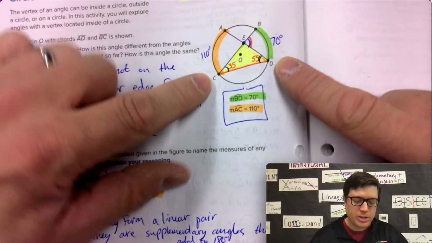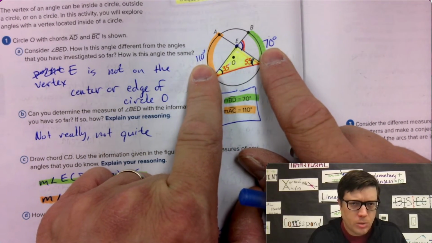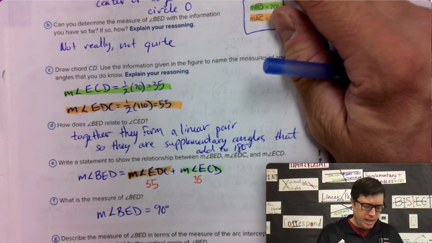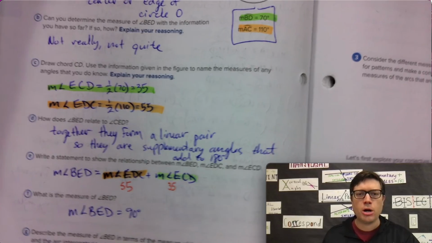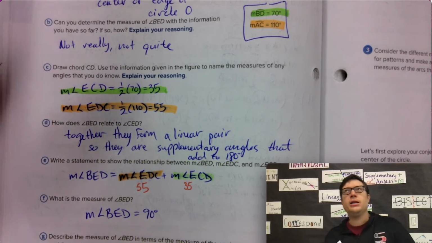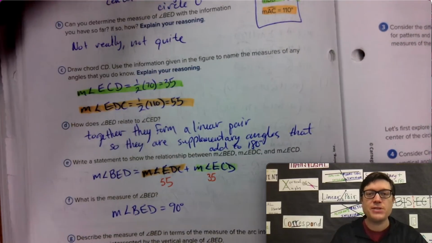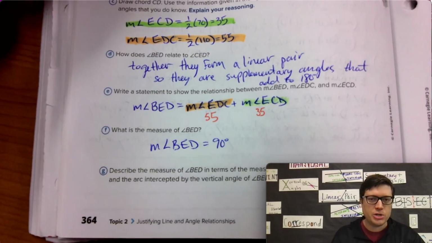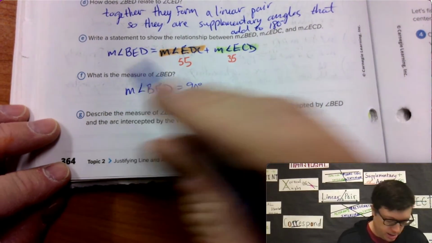We're adding these two intercepted arcs together. 110 plus 70 makes 180. But the angle that's created here is half of that. So an inscribed angle is half of an intercepted arc. We just have to consider both of the intercepted arcs based upon the angle measure. So that's what I'm going to put right here, all right?